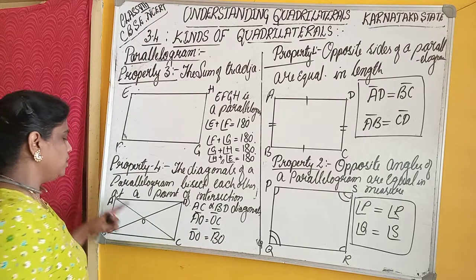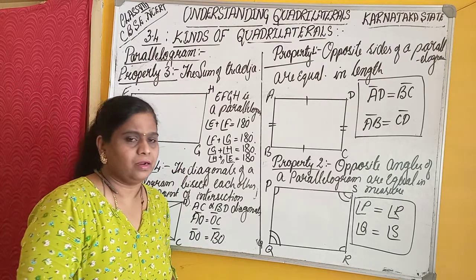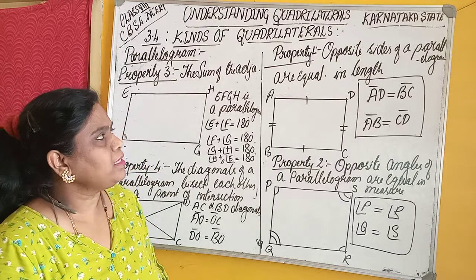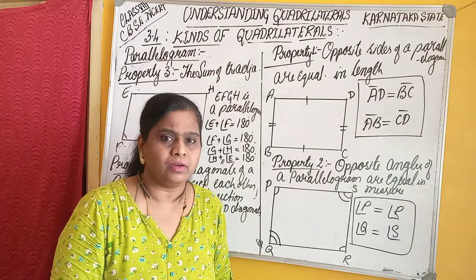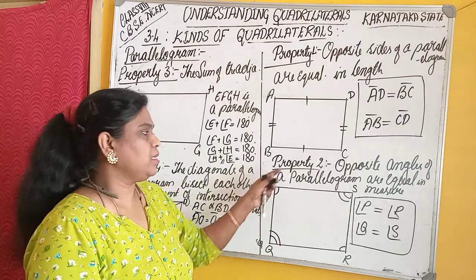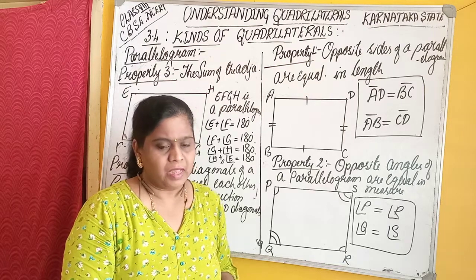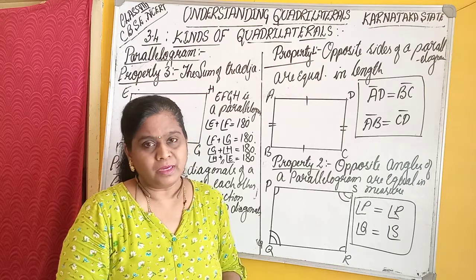Okay, students, do you understand? Yes, these are the properties of a parallelogram. Property 1: opposite sides of a parallelogram have equal length. The second property: opposite angles of a parallelogram have equal measure.